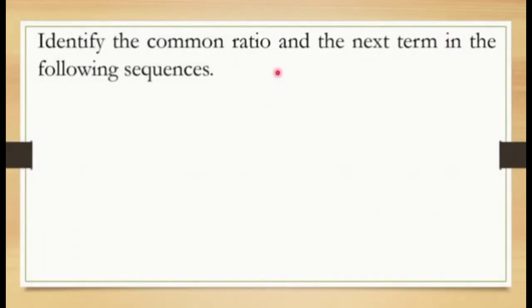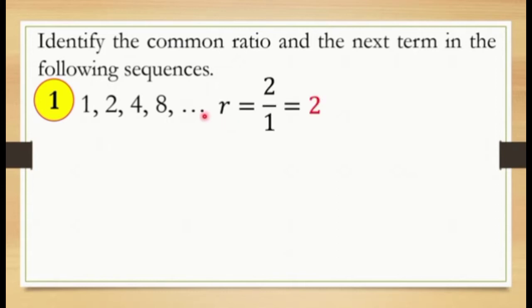Identify the common ratio and the next term in the following sequences. For number 1, we have 1, 2, 4, and 8. Of course, in our first activity, I already discussed how to get the common ratio. So, we just divide the second term by the first term. So, 2 over 1.